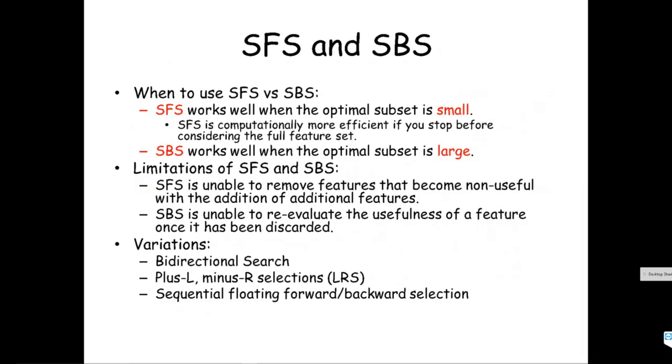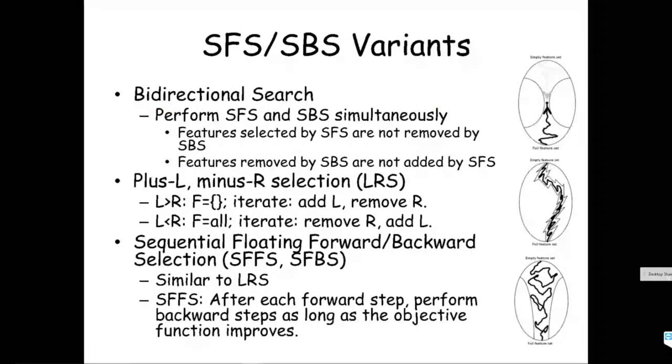So some variations to overcome these limitations are bidirectional search, where you would search both from the top and from the bottom, plus L minus R selection, which is a more general way of performing a forward or a backward search, which we will see next.